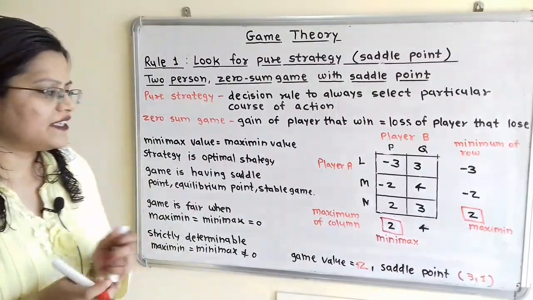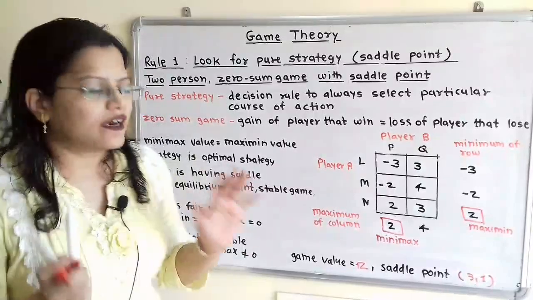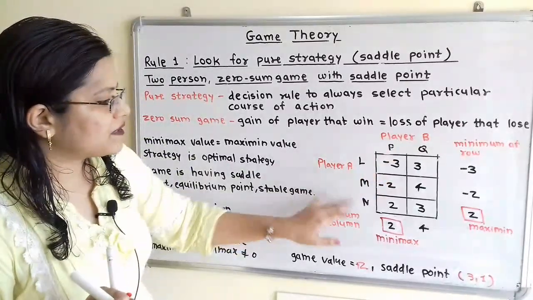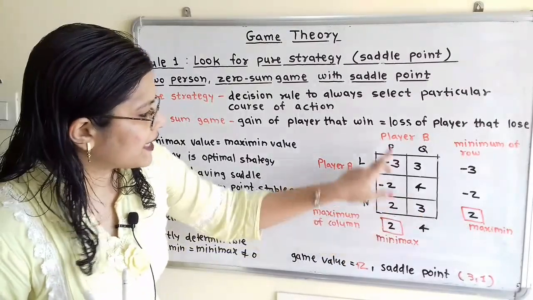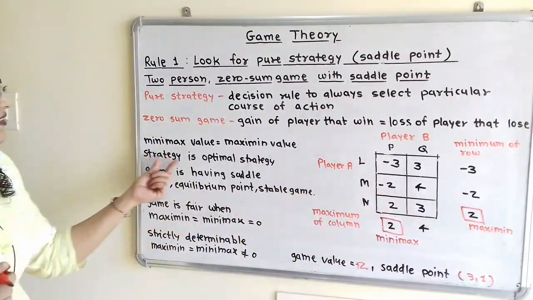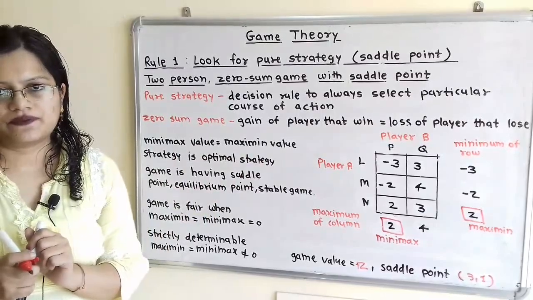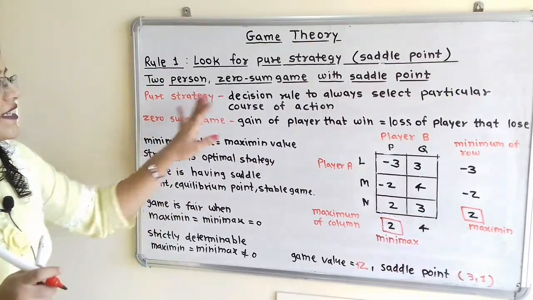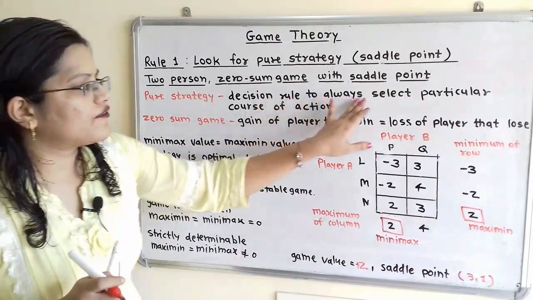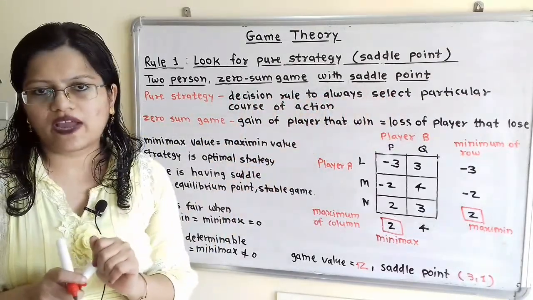Now the strategy that is adopted by player A and player B, that is the combination of N and P, is known as the optimal strategy. And what is a pure strategy? A pure strategy is the decision rule to always select a particular course of action.